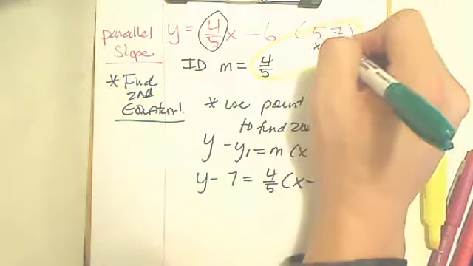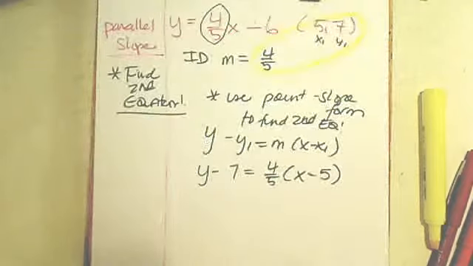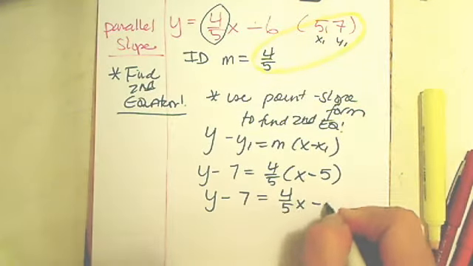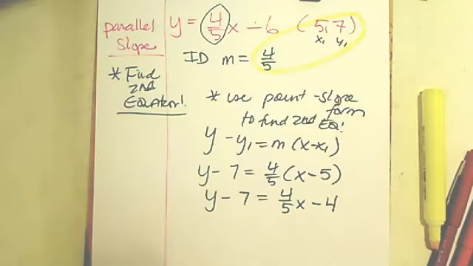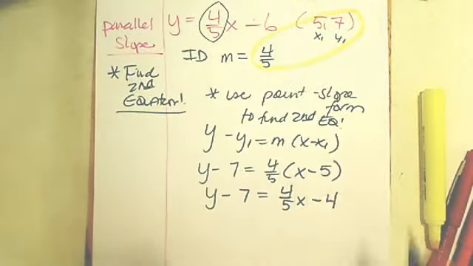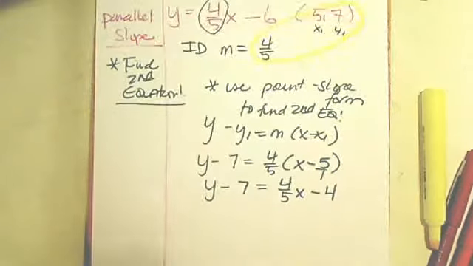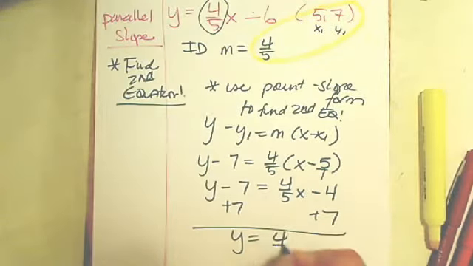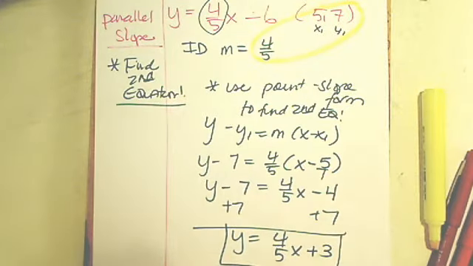See, that's what happens when I don't label stuff. There, x1, y1. So then, distribution, y minus 7 equals 4/5 x minus, how about 4? Because you cancel out the 5s. And then you add 7. Y equals 4/5 x plus 3. There's my second equation.